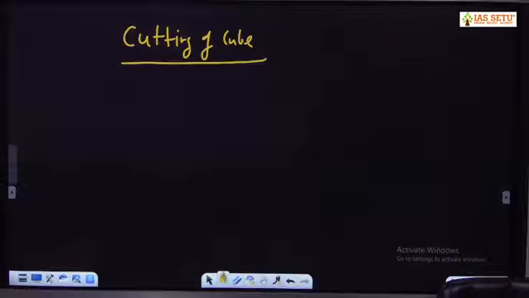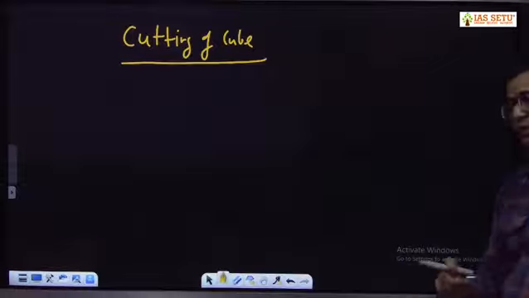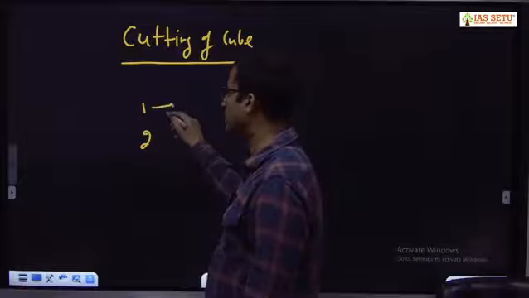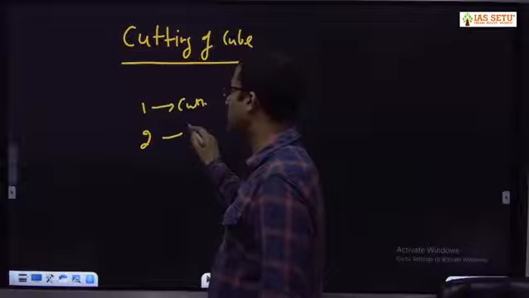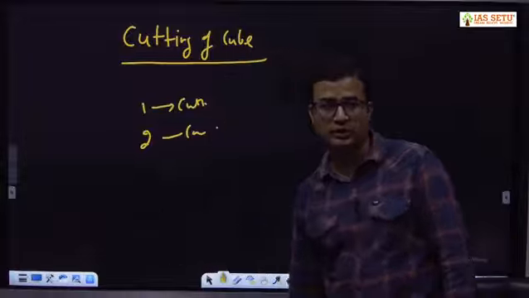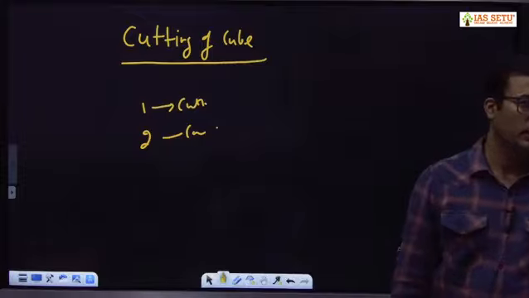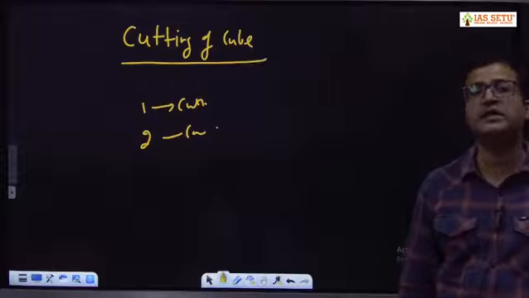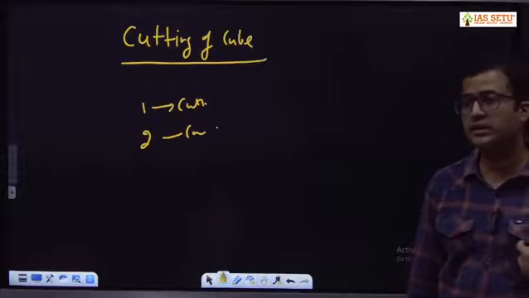I thought maybe गलती से 2025 again they ask question, but 2025 में they play a trick. In a single question they have given two statements, one related to cutting of cube, second related to coloring of cube. मतलब एक ही क्वेश्चन में दोनों कंसेप्ट पूछ लिए उन्होंने. Okay, so we will cover. मतलब ऐसा नहीं जब क्वेश्चन नहीं भी आते थे तो भी पढ़ाता था, अब तो क्वेश्चन आ भी रहा है.